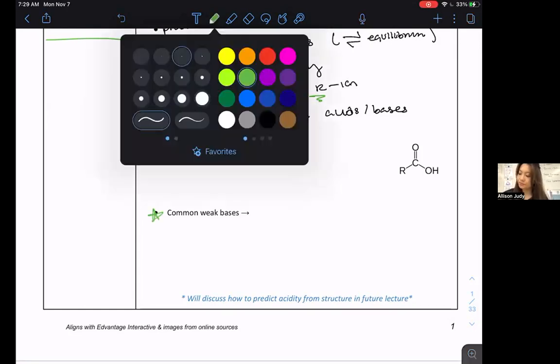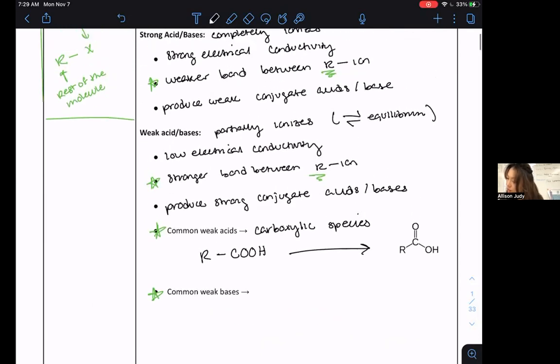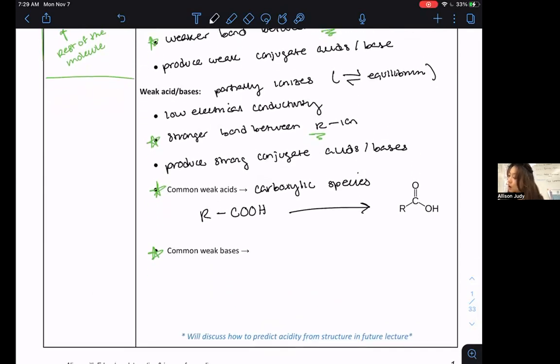But quickly, I'll just let you know that a really common weak acid is what we call a carboxylic group, carboxylic species, where again, organic chem notation, you have some group and it has a COOH, which looks like this. We would say it's a weak acid because according to weak acid, it has a really strong bond between the rest of the group and the pertinent structure.